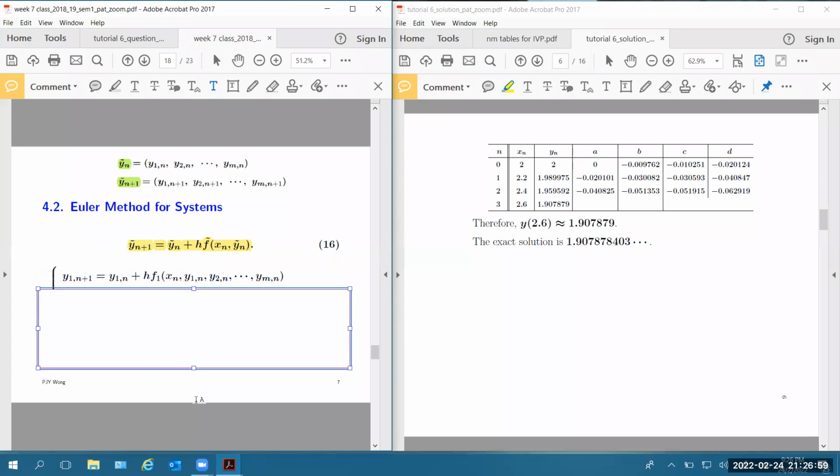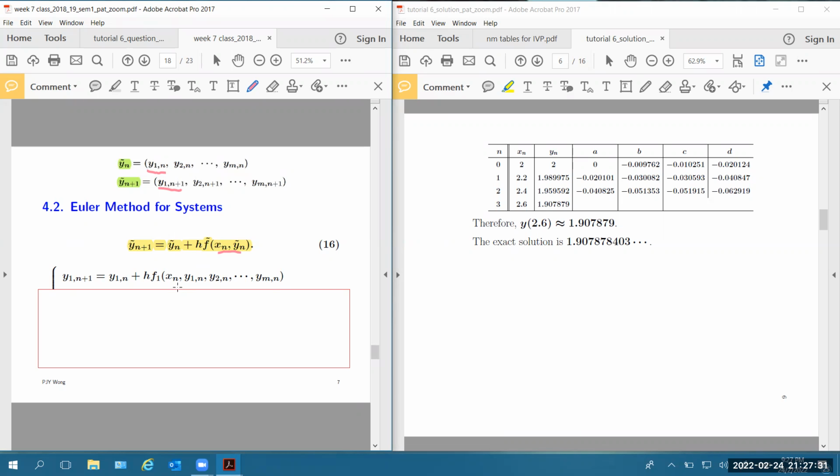The first component here, you've got your y1n plus 1, right? Then your yn tilde, this is your first component, so that's why you get your y1n, then plus h times f tilde. Well, obviously the first component is f1. Then your xn, yn tilde, what about them? Well, these are the arguments.